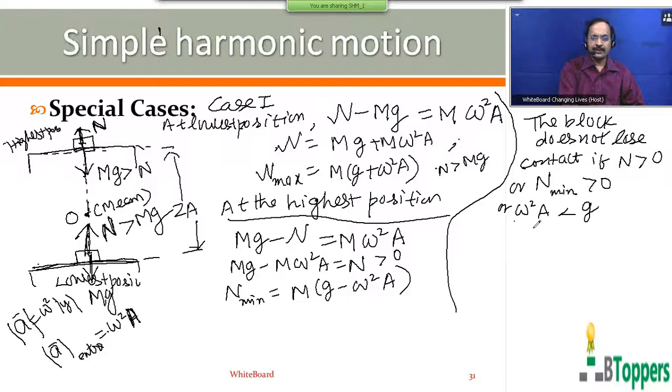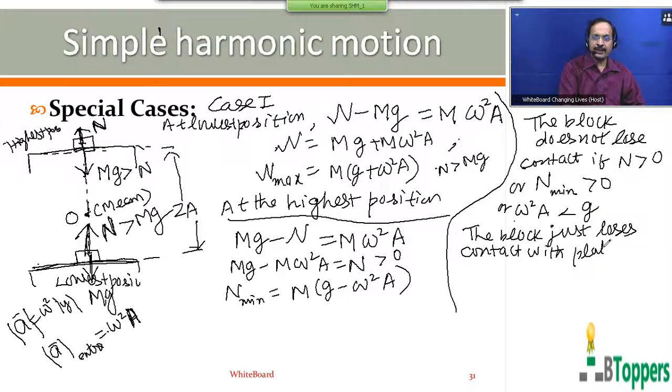The block just loses contact with the platform for the first time at the highest position, at the instant when omega square A becomes equal to g.